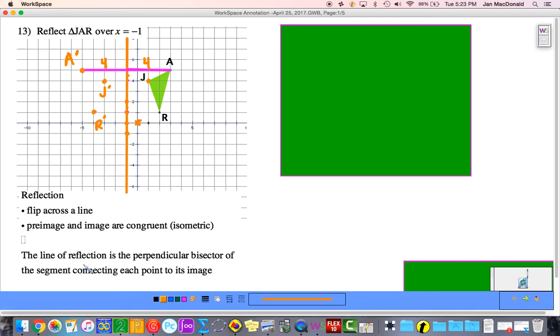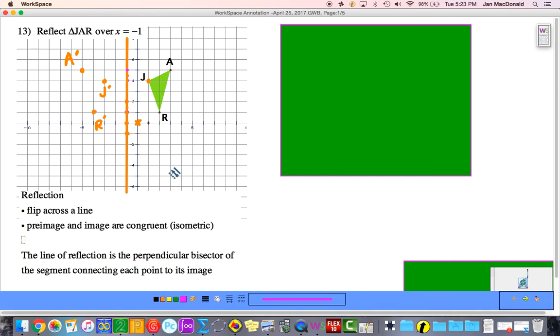So again, the line of reflection is the perpendicular bisector of the segment connecting each point to its image, and we've used that definition to reflect each point over the line x equal to -1.